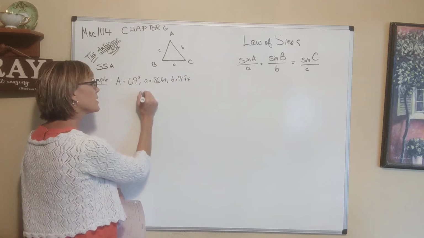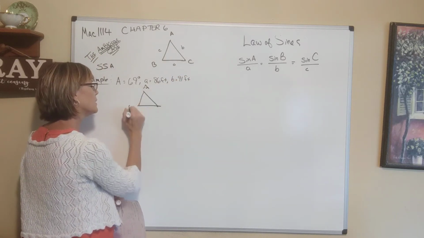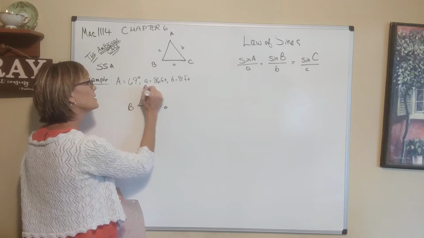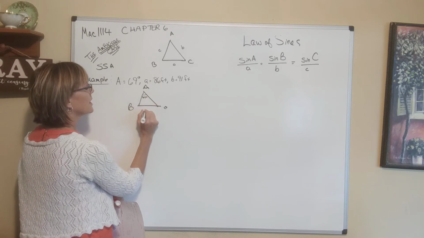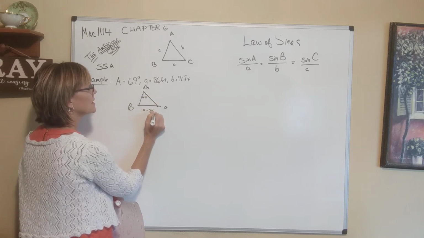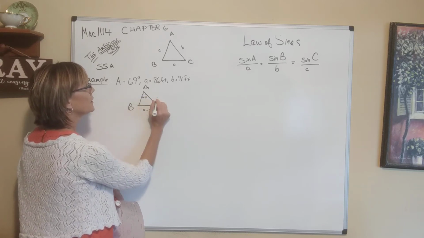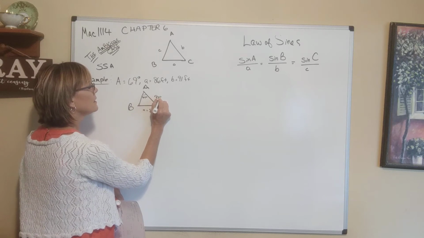So draw yourself a triangle, A, B, C. Say this is 69 degrees, little a is 86 feet, little b is 91 feet.